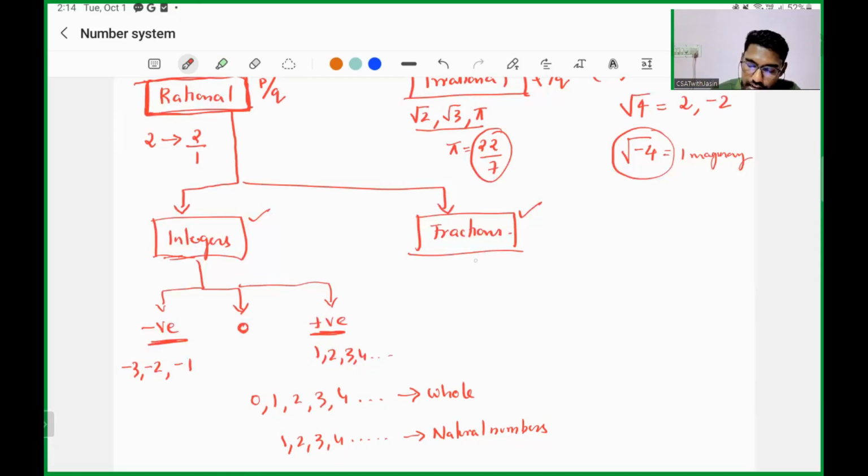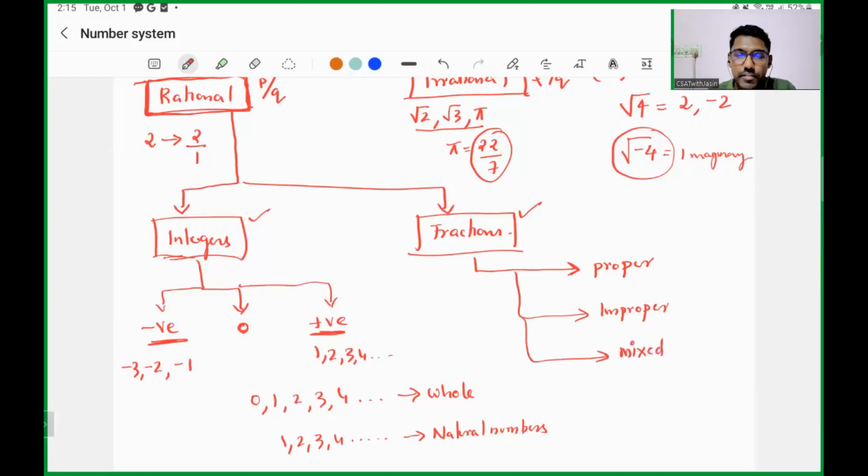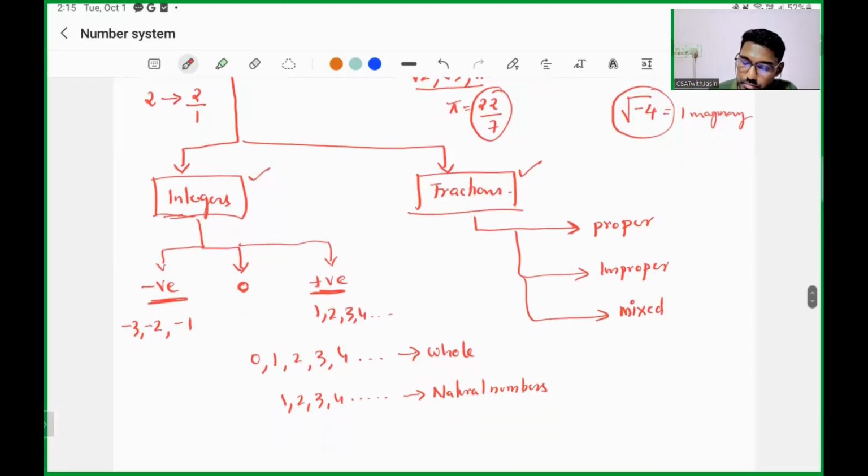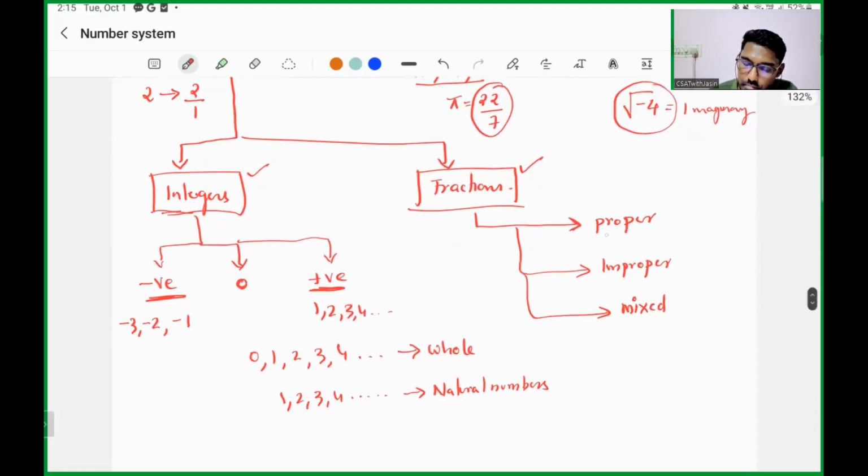Now when it comes to fractions, you have proper fractions, then you have improper fractions, and you also have mixed fractions. Fractions we will be taking up later also. For now, understand that proper fractions means like 2 by 5, 3 by 7.